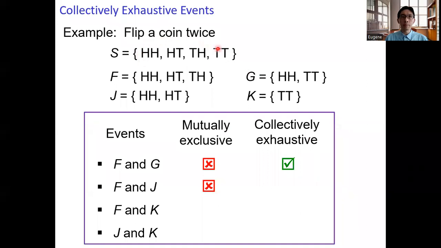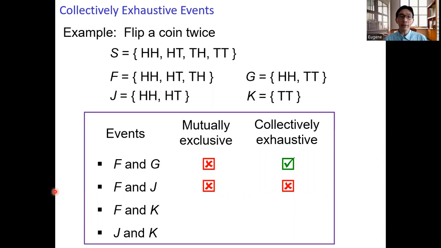The sample space consists of the sample point HH, which is included in both event F and event J, the sample point HT in event F and event J, the sample point TH in event F, and then the last sample point in the sample space, TT, is not in event F, and it is not in event J either. So F and J are not collectively exhaustive.